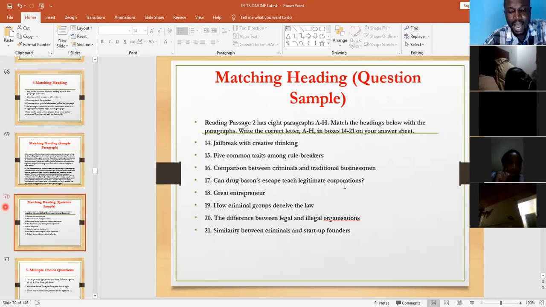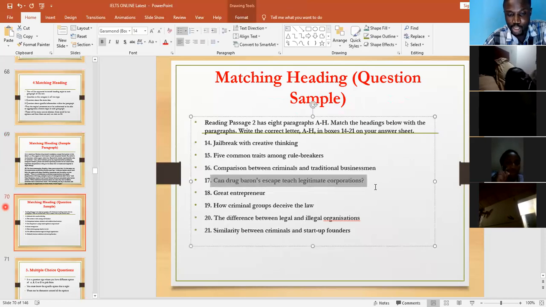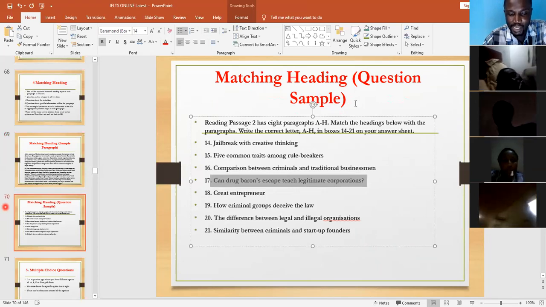Based on what we have read, paragraph A is actually talking about drug barons or criminals teaching business people some lessons. So 17 is A.